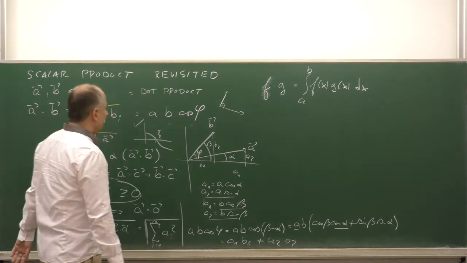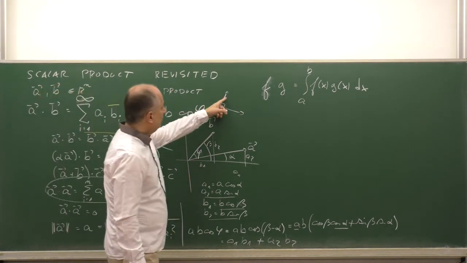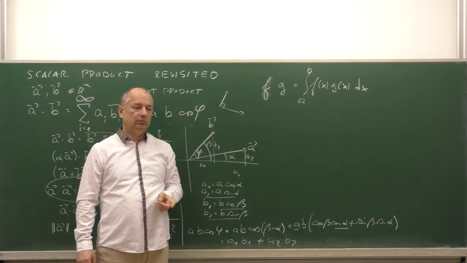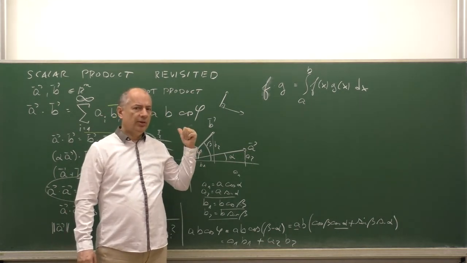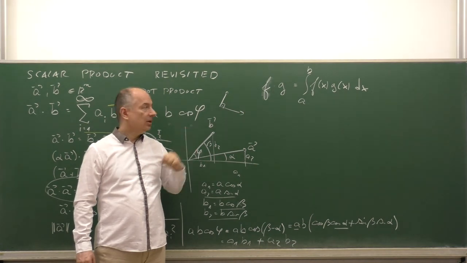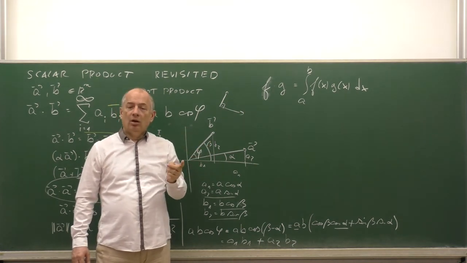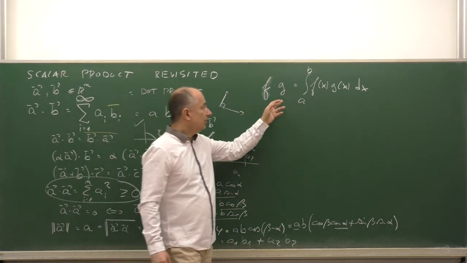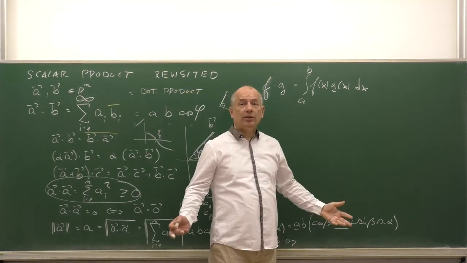And similarly, as we say that two vectors are orthogonal or perpendicular, which makes sense even for infinite sequences, we can also talk about orthogonal functions. Just we say the functions are orthogonal if the scalar product is equal to 0.